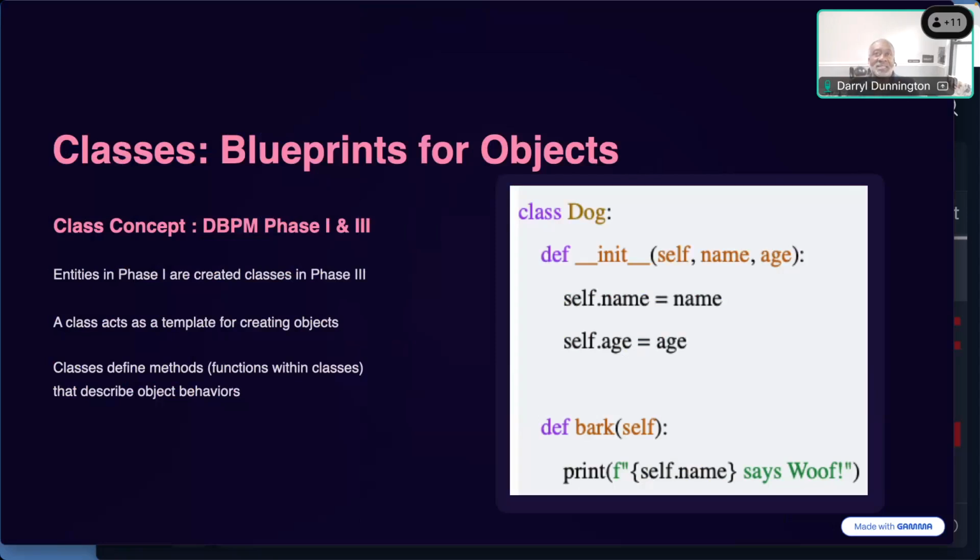So a class acts like a template. Now, a class is not alive. Only objects are alive in memory. A class is a definition. It's much like a classification of animals.